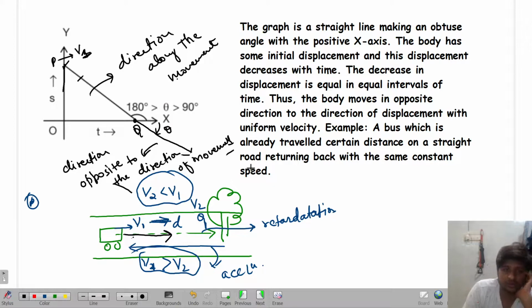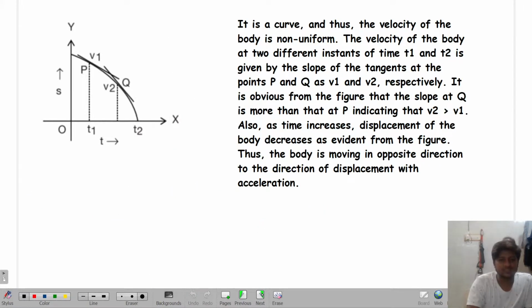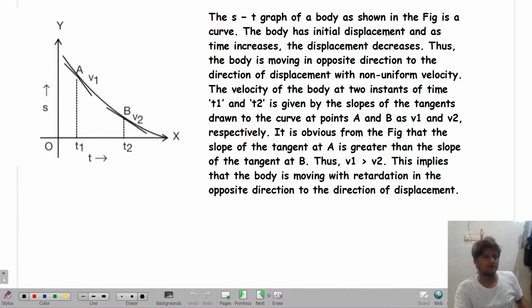So I'll talk about relative velocity in that class, but before that, I'll complete many things. Acceleration and retardation tomorrow, and also the velocity-time graph. Two types of graphs are still left, which I need to discuss. So tomorrow I'll complete the velocity-time graph, acceleration and retardation, and these two graphs. Any kind of doubt? No doubts?